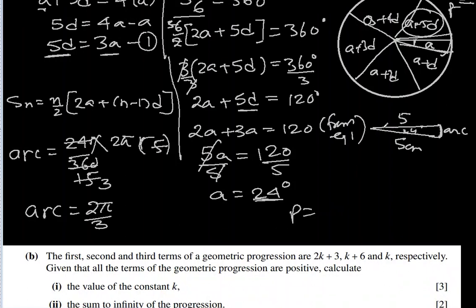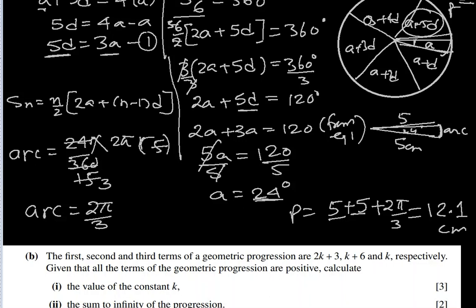Perimeter will be 5 plus 5 plus 2 pi by 3. This is the arc. And if we write 5 plus 5 is 10, and put this in our calculator, we get 2.1. So the total perimeter is 12.1 centimeters.